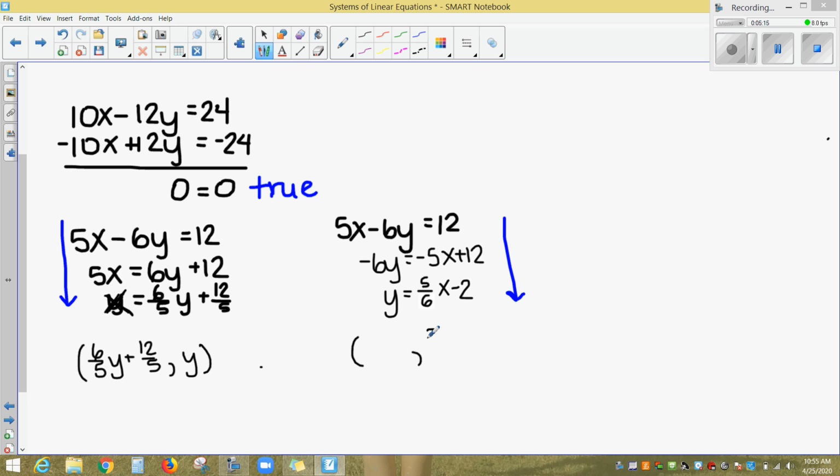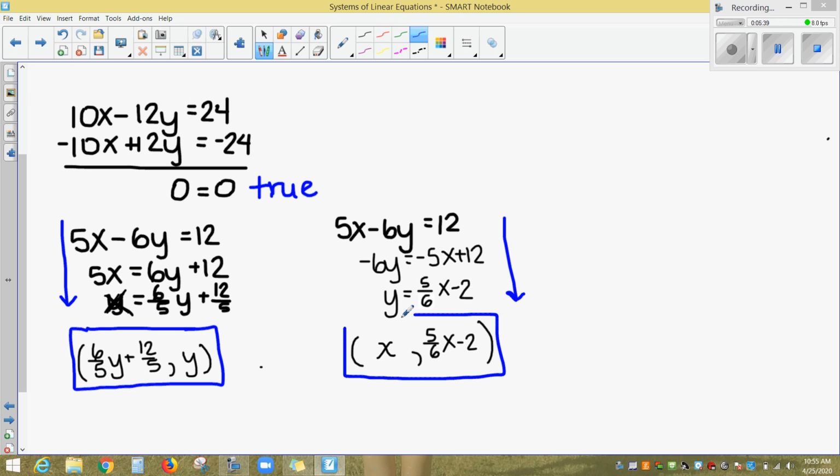Over here it says y is equal to 5/6 x minus 2. So if y equals stuff with x's in it, then x gets to be its own name. So you can either circle this on your paper and say here are all of those solutions to the system of equations that's up above, or you can circle this on your paper. Here's the other option.